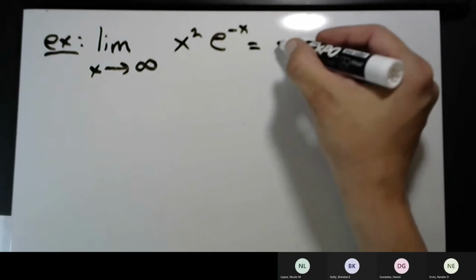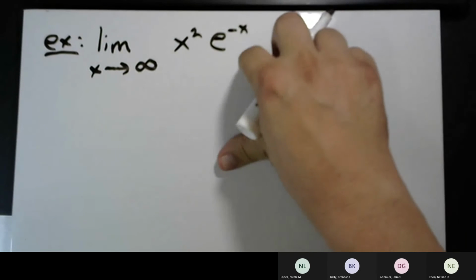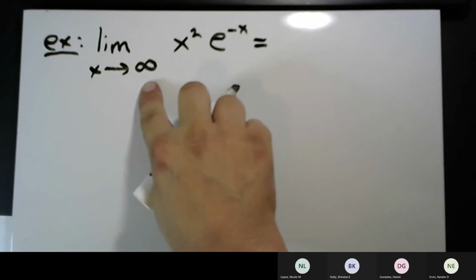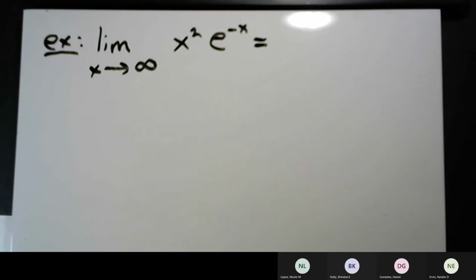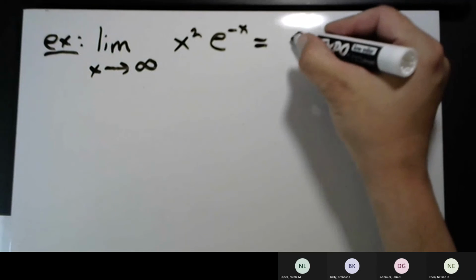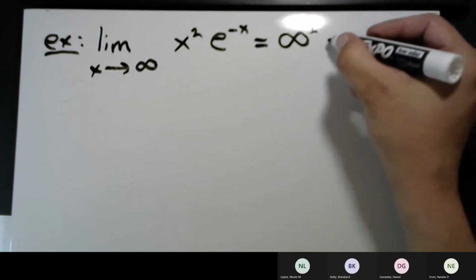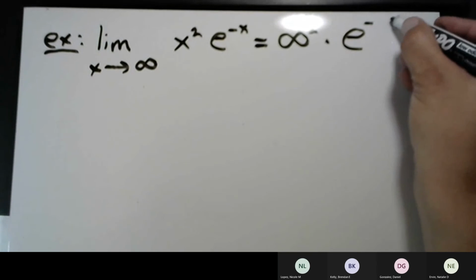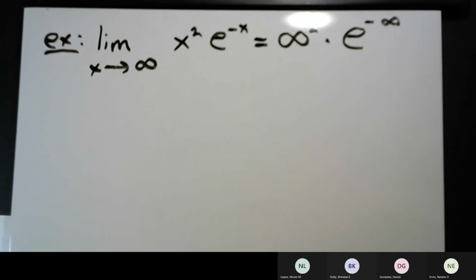Now, what could help with this one is this initially, if you try to sort of substitute, if you will, what you'll get is, and this is going to be some sloppy notation, please forgive, infinity squared times e to the minus infinity.